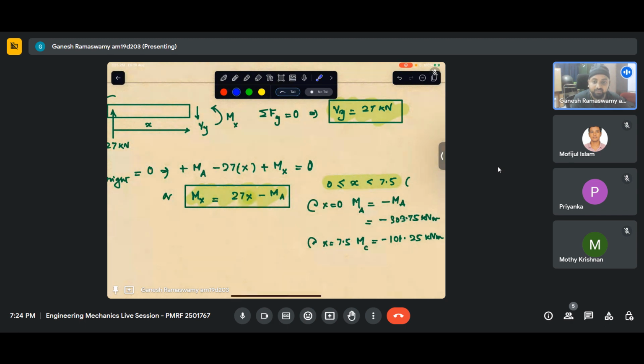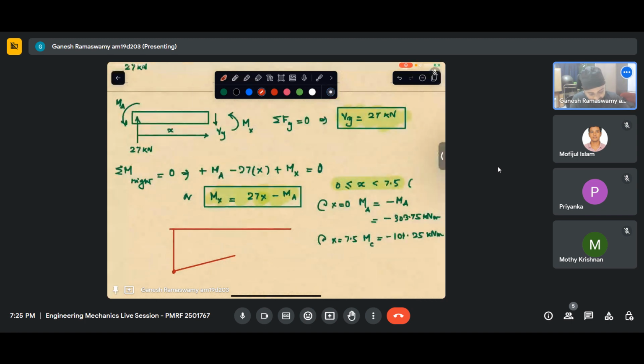So essentially, if this be the datum 0, I have some negative value which is 303, and from that negative value it goes to a lesser negative value with a linear variation. So in between x equal to 0 and x equal to 7.5, it has to have a linear variation like this. So let us look at the options. Which of the options has that?